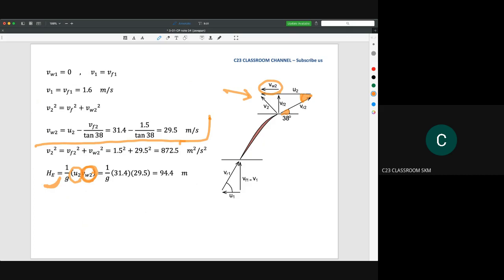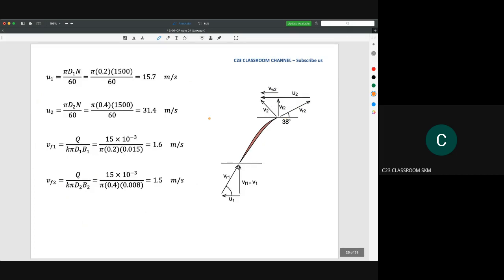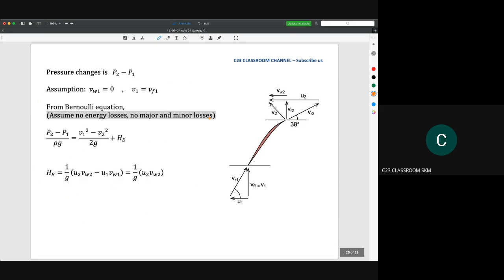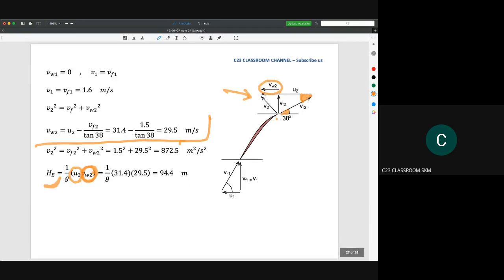Again, as I mentioned in the previous question, in the Bernoulli equation the values of V1 and V2 are the actual velocities. So you need to calculate the value of V1 here and the value of V2 here. We could calculate that V1 is equal to 1.6 meters per second. It's quite straightforward because it is equal to VF1.